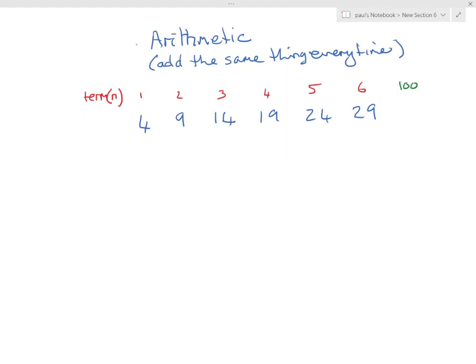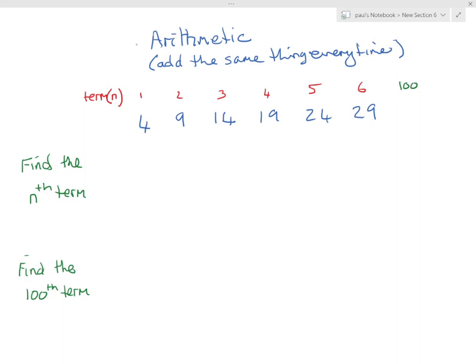So this is the way we do it, and first of all, it will say find the nth term, and then it will say find the 100th term. So these are the two skills that we need to be able to do.